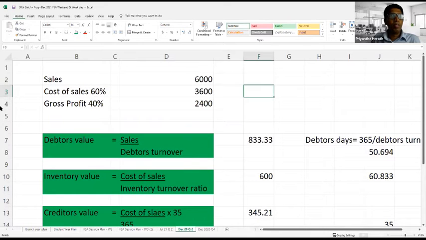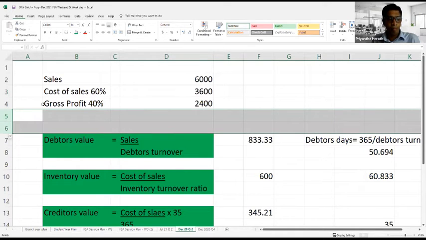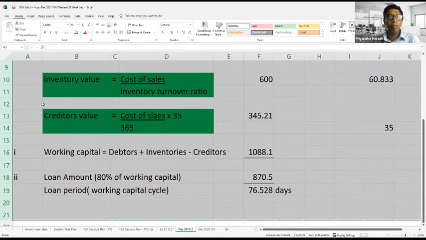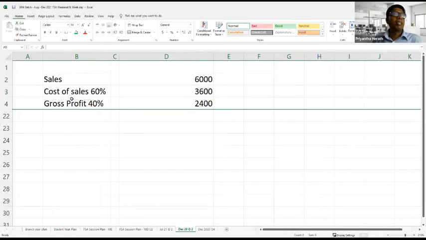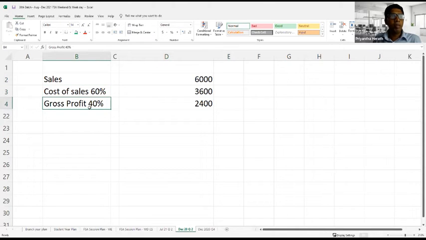Right. You don't need all these things. Sales 6,000 and cost of sales. They say the estimated GP is 40%. Therefore, cost of sales percentage 60%. Now you can calculate the dollar value.